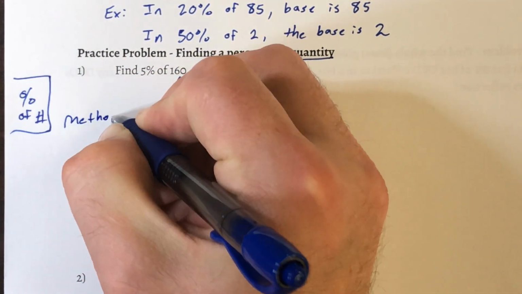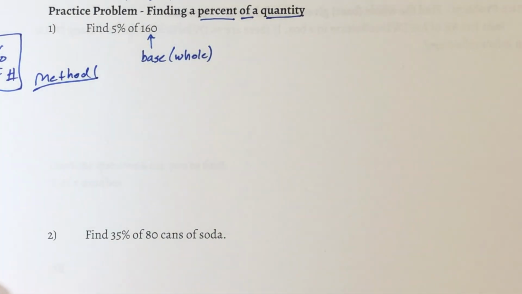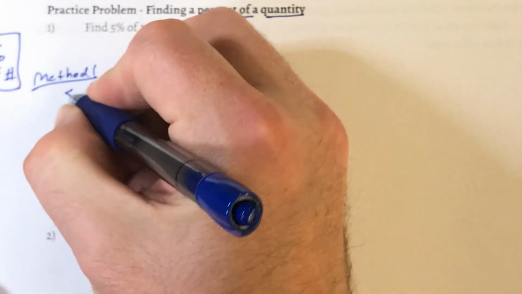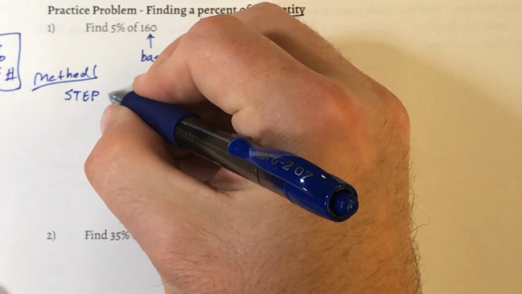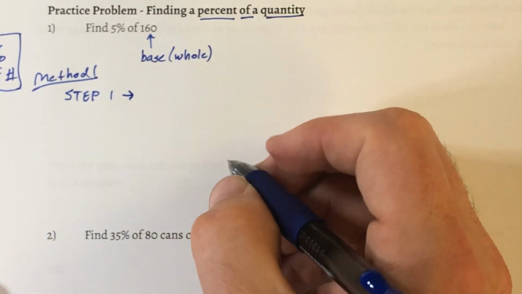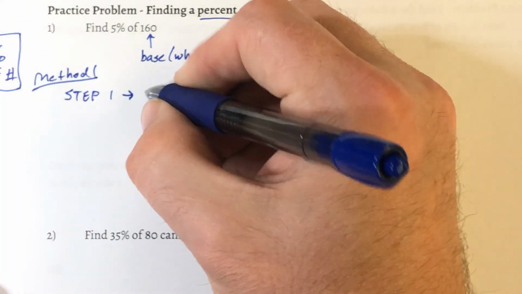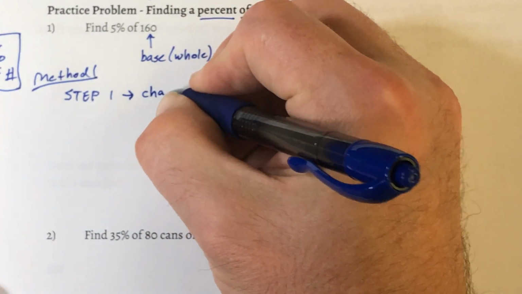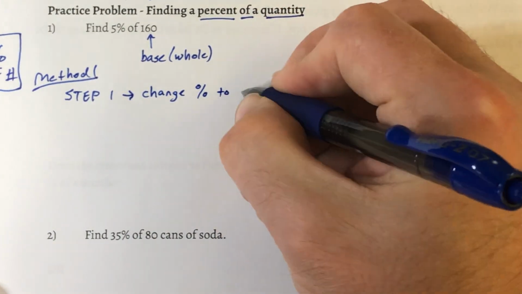So, method 1. There are two steps on finding a percent of a number, at least using this method. First step is you're going to want to change your percentage to a decimal. So change percent to decimal.